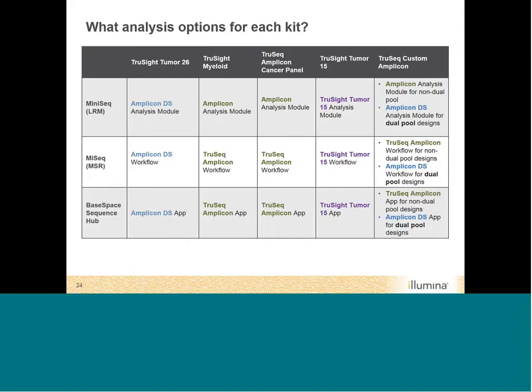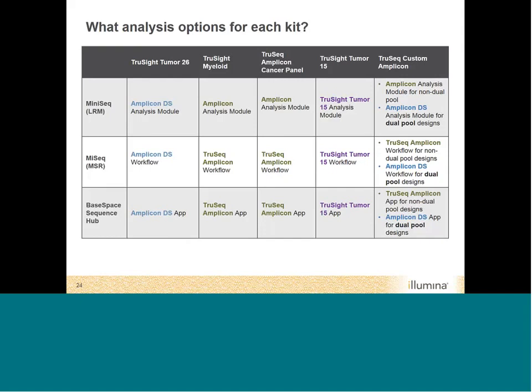So for TruSight Tumor 26, we're going to want to use the Amplicon DS module on LRM, workflow on MSR or app in BaseSpace. For TruSight Myeloid and the TruSeq Amplicon Cancer Panel, it's going to be the Amplicon or TruSeq Amplicon solution. TruSight Tumor 15 has its own analysis solution with its own name, TruSight Tumor 15.